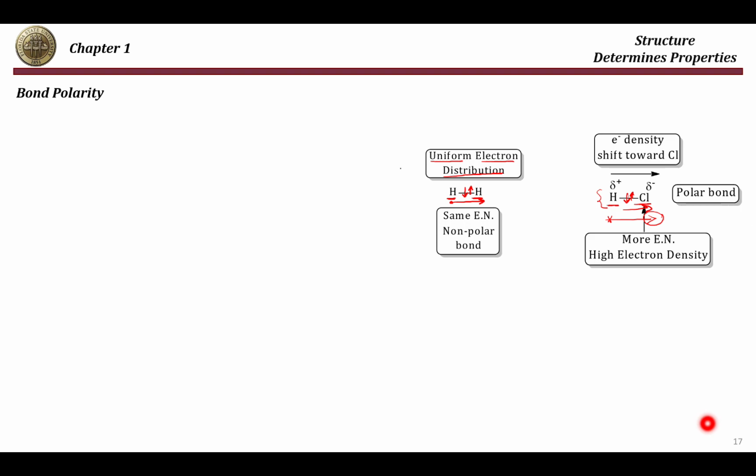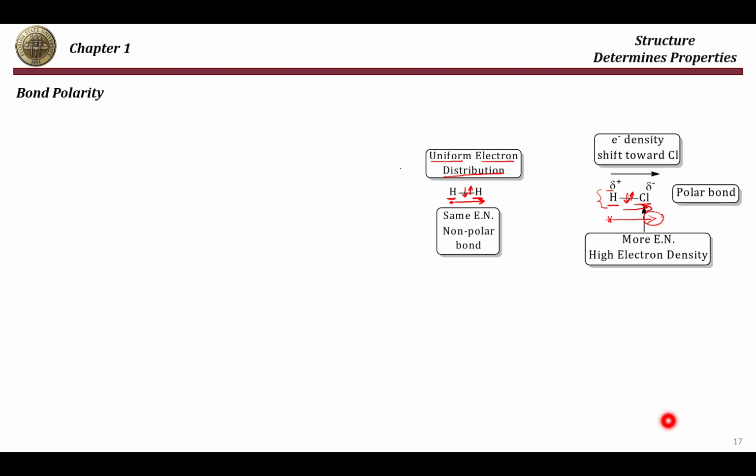So electrons are concentrated at the chlorine side because it's more electronegative. Because of this, hydrogen will have a partial positive charge, as if it lost electrons, and chlorine will have a partial negative charge, as if it has gained some electrons.